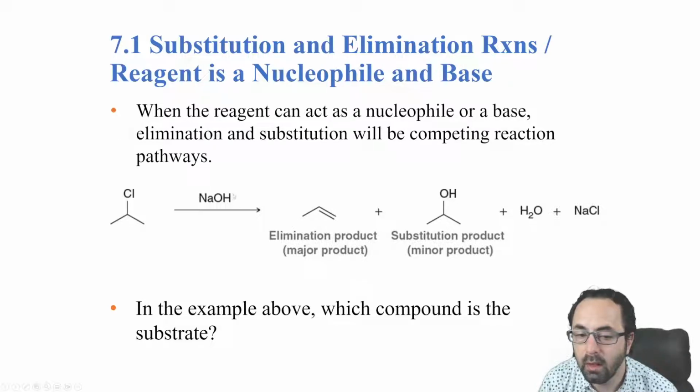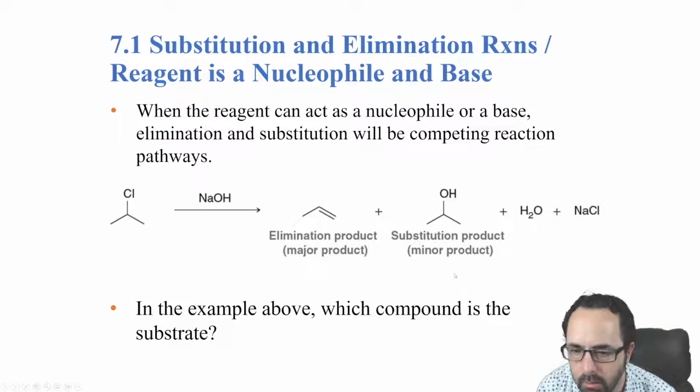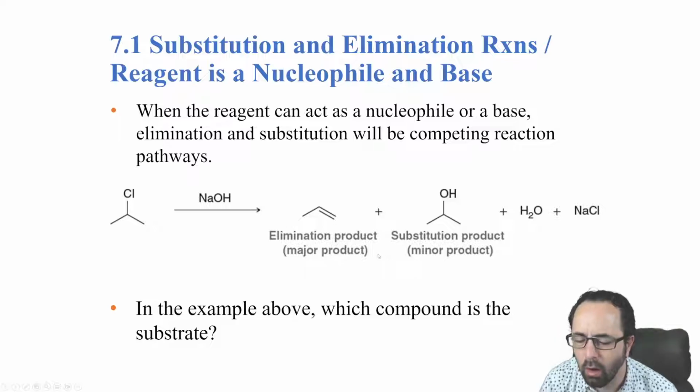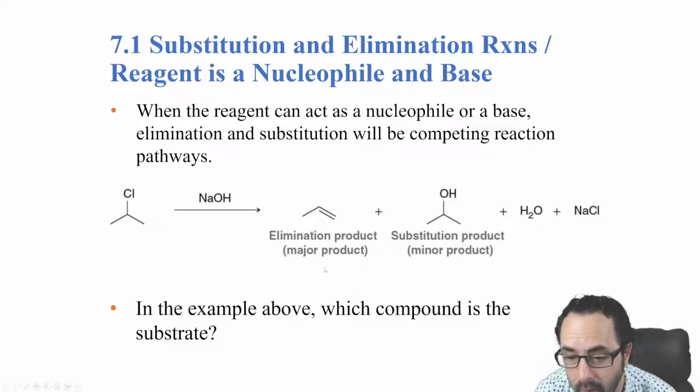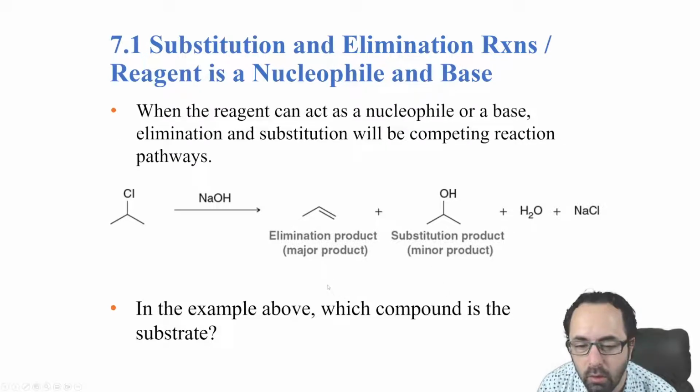And so the hydroxide is considered both a strong base and a strong nucleophile. It can accept a proton, let's say from this carbon, accept a hydrogen, then the chlorine leaves and we can get the elimination product. Or the OH can replace the chlorine atom and we can get the substitution product. In the case of a strong base, strong nucleophile, we'll find later that the elimination product is a major product, although some of the substitution product is also produced.